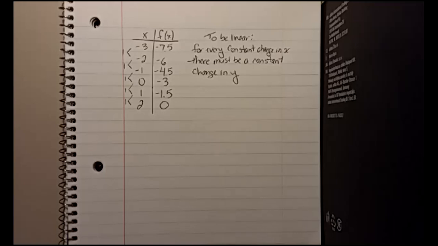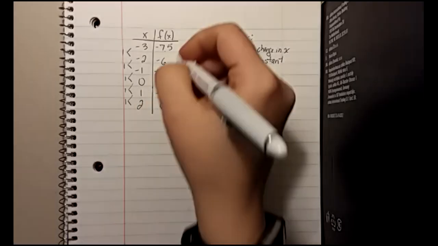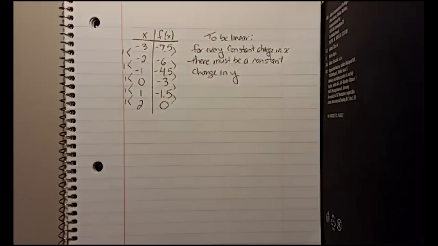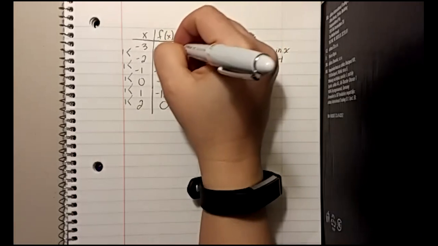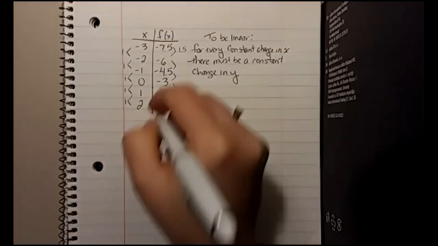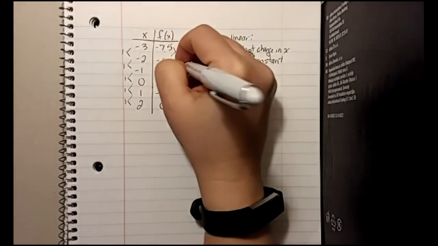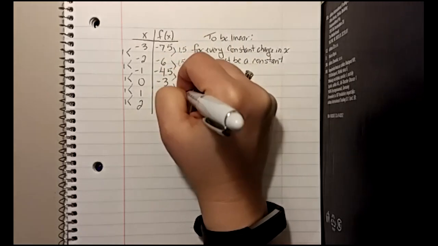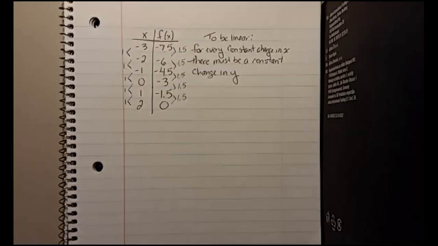My output is actually changing by the same amount of 1.5, but you might not notice this because we don't work with decimals as often as we work with whole numbers. So there's got to be a way for us to figure this out using the concept of slope.